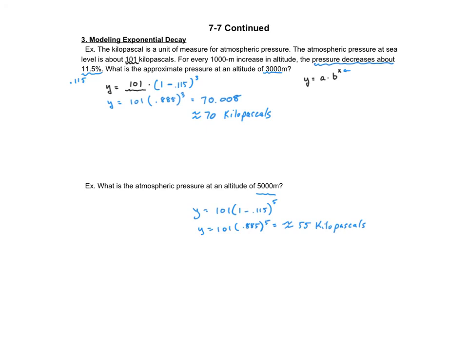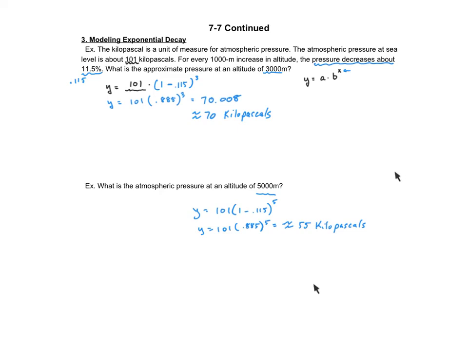So hence right here, I had 100% of my item minus the 11.5%. So each time I'm taking 11.5%. That's why I have something smaller than I started off with. And then growth, of course, I'm taking 1 plus my rate, which is going to give me something larger than I started off with.